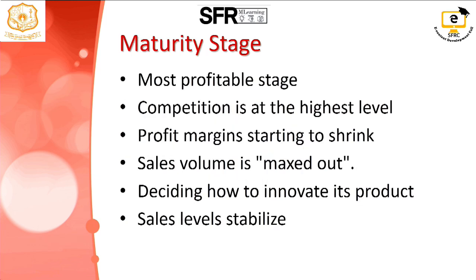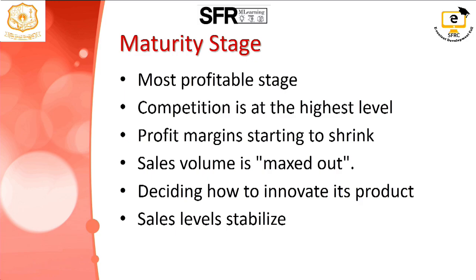The next one is the maturity stage. In the maturity stage, the product life cycle is the most profitable for the manufacturers. The sales are at the peak, the sales volume is maximized, the profit is also high, and the competition is also heavy.